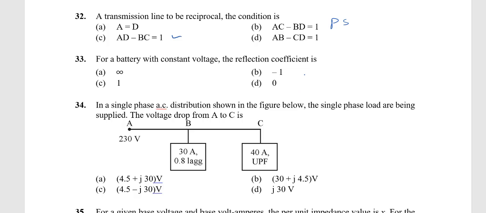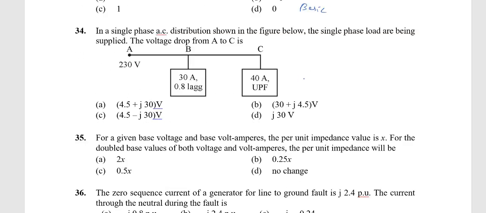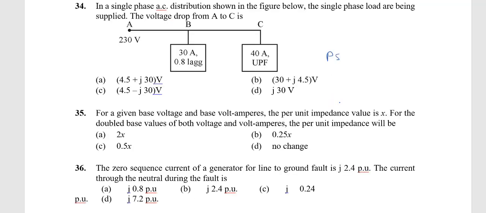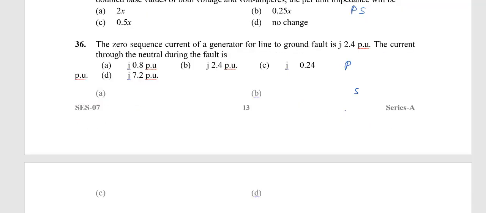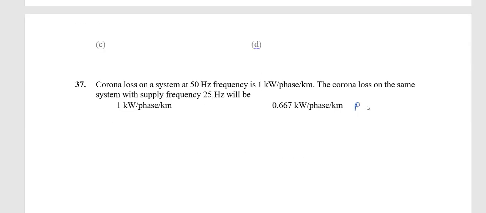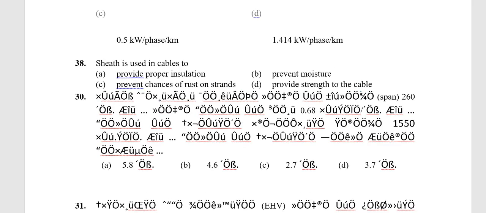For a battery with constant voltage, the reflection is basic. Reflection coefficient is minus 1 always. 40 amp. Again, this is power systems. More of power systems and electrical measurements problem.